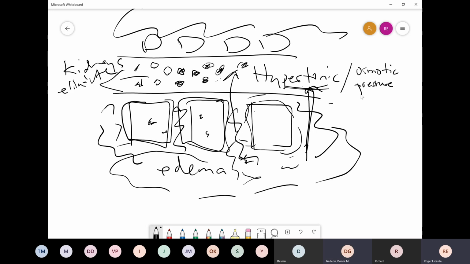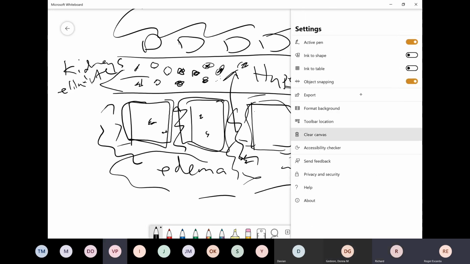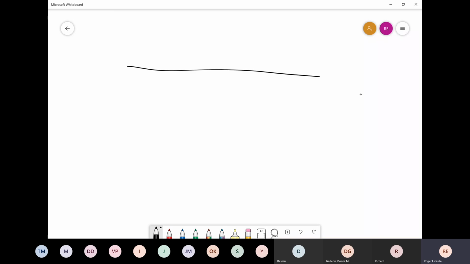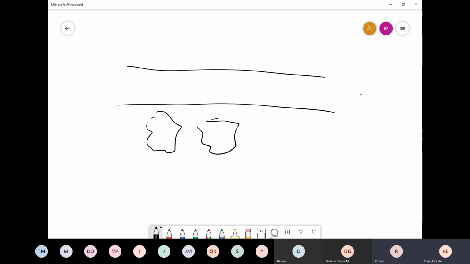On the other hand, if you have a different problem, let's say you have a very dehydrated cell. These are shrunken cells.